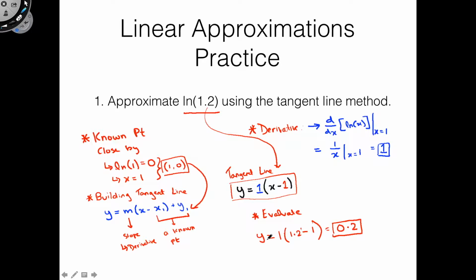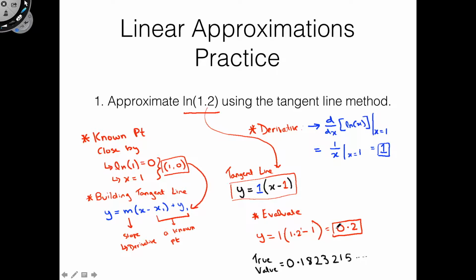Now let's see what the true value would be. The true value is 0.182315, a whole bunch of decimals.